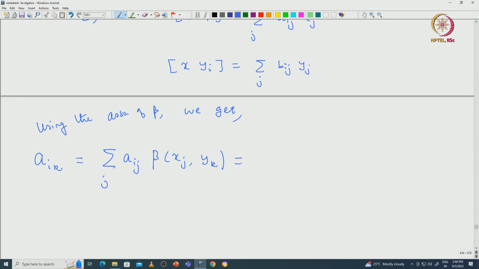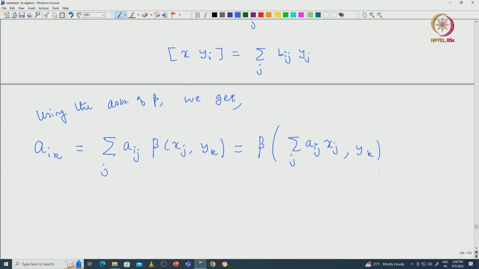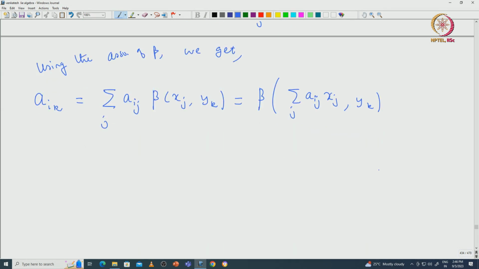Now if you do the computation, the summation a_ij can be taken inside. So, this is exactly equal to beta of the summation a_ij x_j, j runs over, comma y_k. Now you can see that this element can be replaced by the bracket x comma x_i. So, this is exactly equal to beta of the bracket x comma x_i comma y_k.